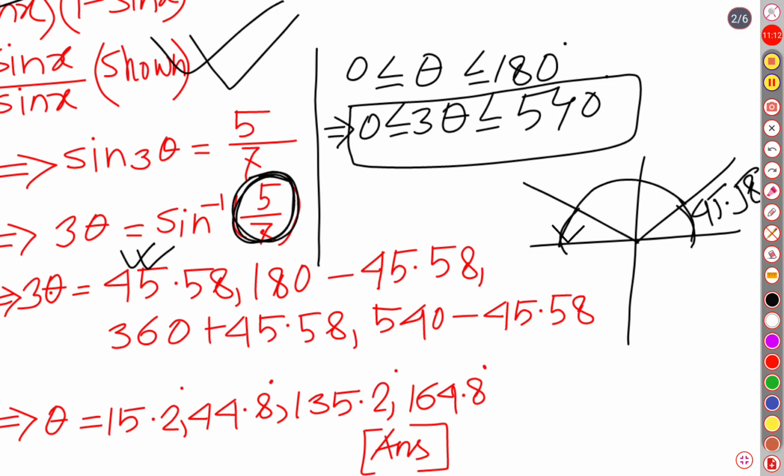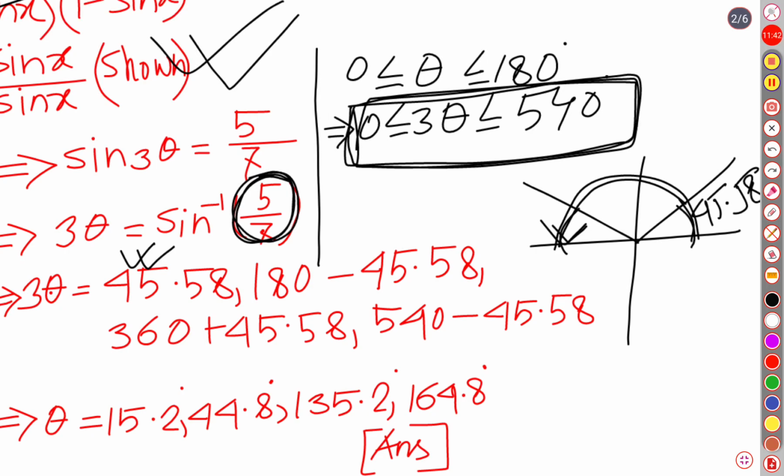Once again I am repeating, we cannot move in the clockwise direction because there is no negative range. As the domain is positive, look at this, the domain is from 0 to 540, means in the positive direction. Positive direction means anti-clockwise direction. This domain will determine whether we can move clockwise or anti-clockwise.